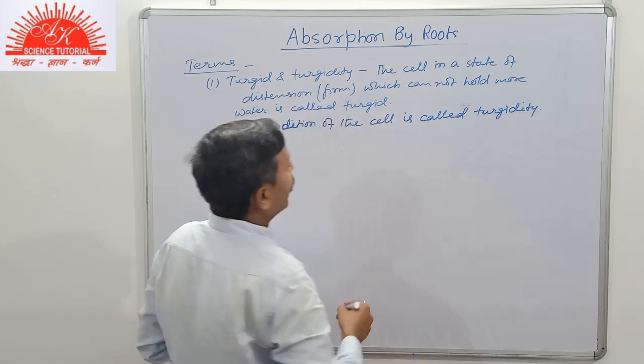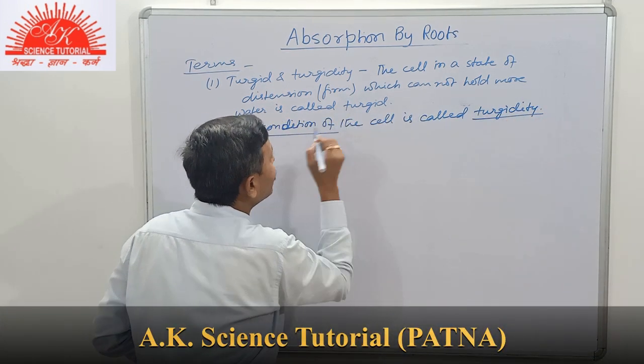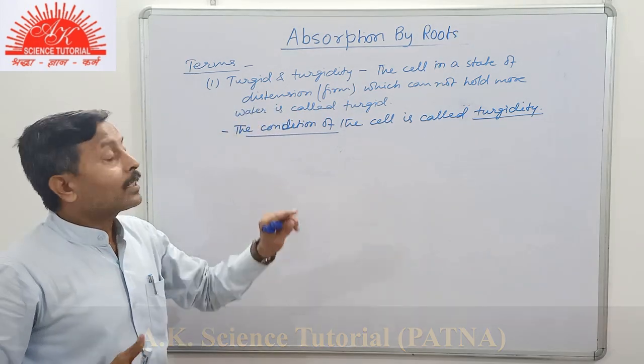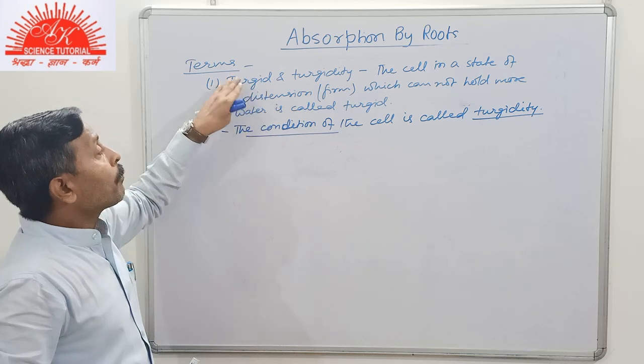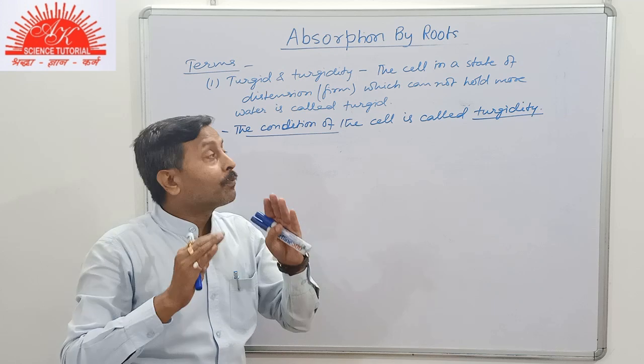So we write here, students, whenever you are required to answer the condition of the cell, the term is turgidity, not turgid. The cell itself is called turgid, but its condition is called turgidity. It is firm.